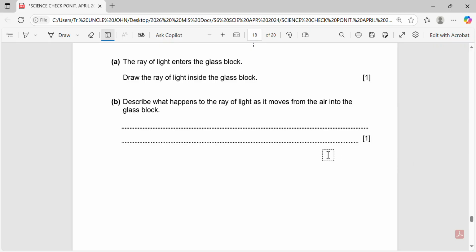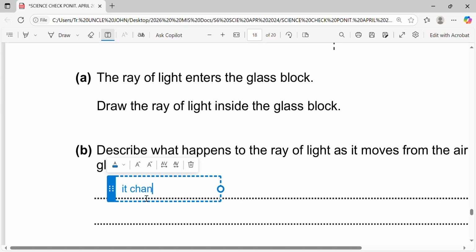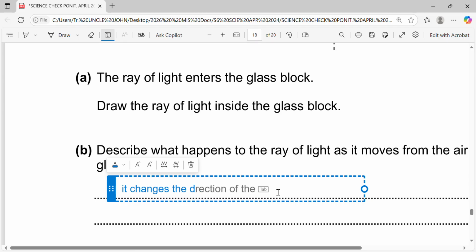It changes the direction. You can say it bends.